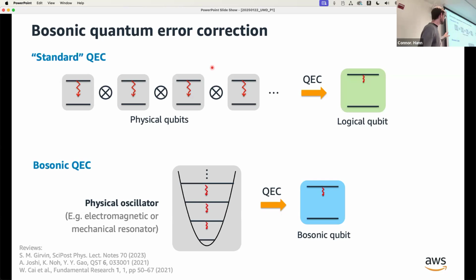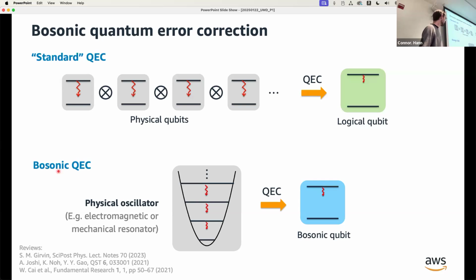And so in both of these two approaches, the core idea is more or less the same. We want to somehow redundantly encode quantum information in a larger Hilbert space. In the case of the standard QEC approach, that larger Hilbert space is the joint Hilbert space of many distinct physical qubits. But in the bosonic QEC case, that larger Hilbert space is the infinite dimensional Hilbert space of a quantum harmonic oscillator.